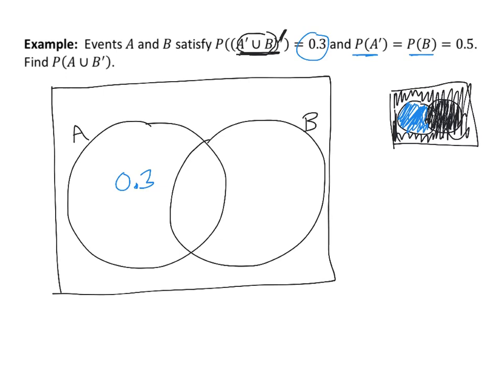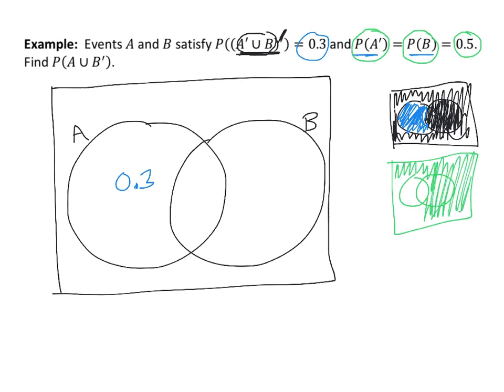Okay, now let's go on to my next piece of information. It tells me that the probability of not A is the same as the probability of B, which is 0.5. So not A, again, if you need to, go to another separate little Venn diagram. Not A means all the stuff that's outside of A. So all of this is 0.5.